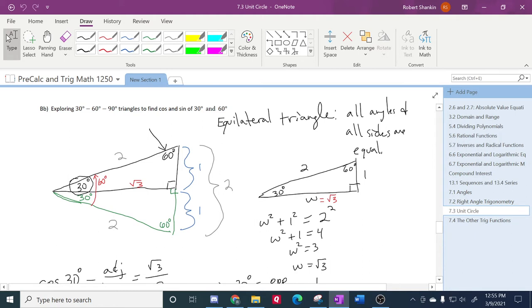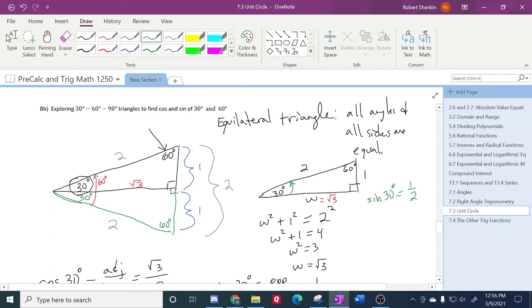So that's 1, that's 2, and then now that tells you right away that this angle right here, if I took opposite over the hypotenuse, that's the sine of 30 degrees. I get the opposite, which is 1, over the hypotenuse, which is 2, and that's the sine of 30 degrees.